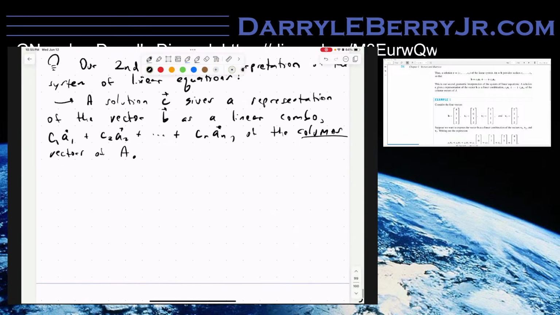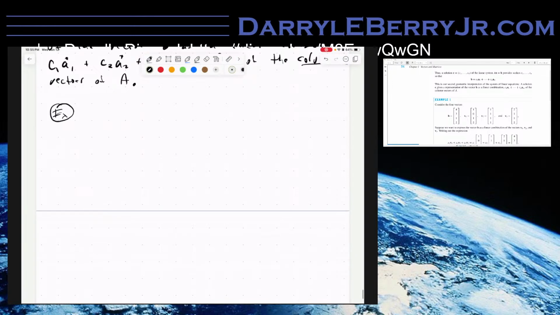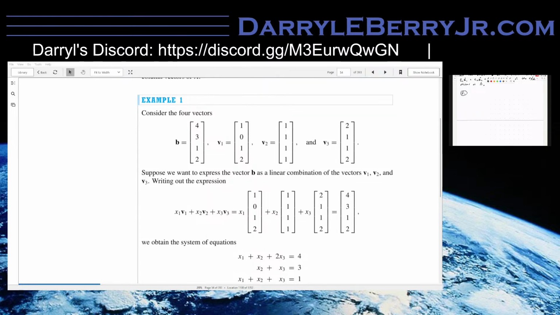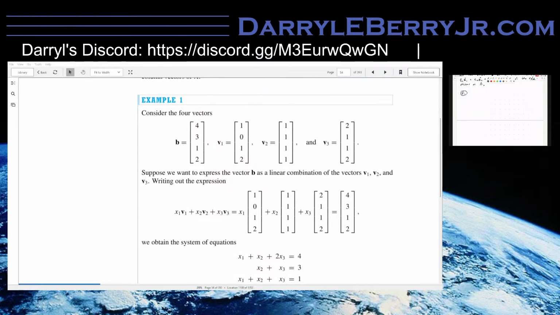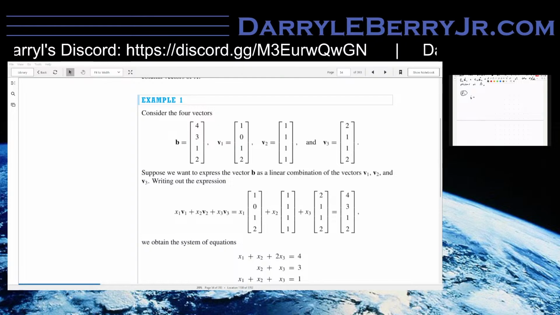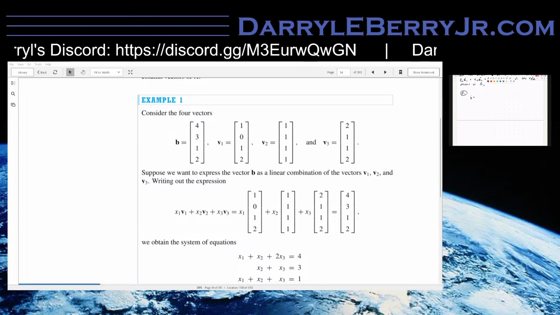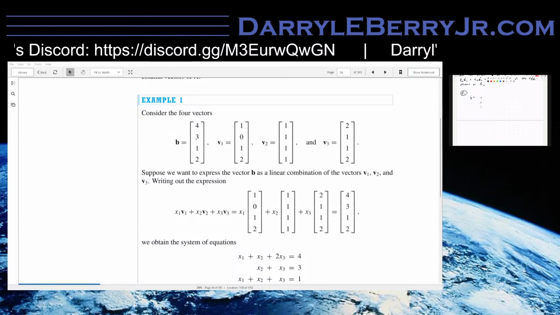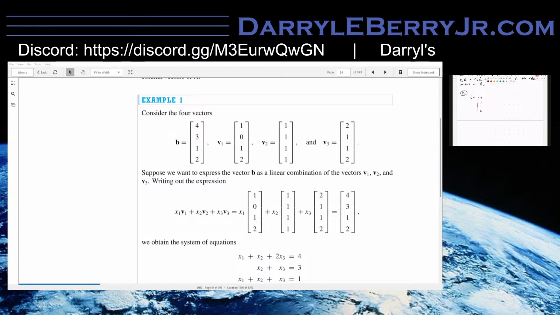All right, let's see if this example clarifies some things. Right, so we have 4 vectors, and I'll highlight the book while I'm writing these down. So B equals 4, 3, 1, 2.